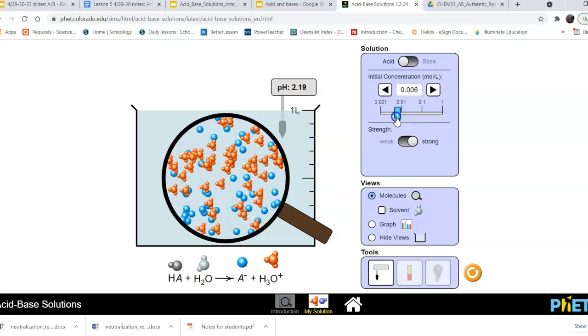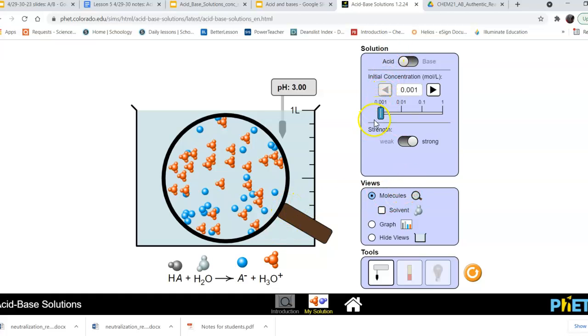And you're increasing the pH. So that is the idea behind it, right? You're increasing the pH as you drop the concentration of hydronium ion. Remember that the concentration of hydronium ions and pH are inversely proportional. As one increases, the other one decreases.